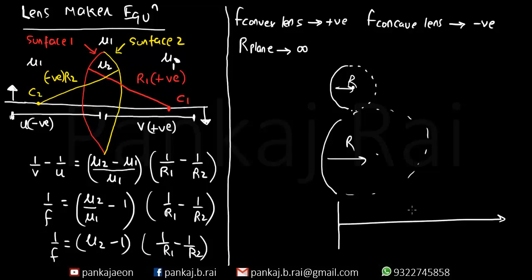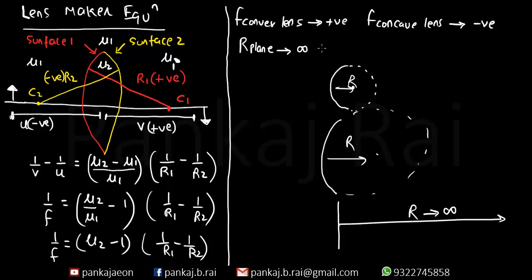So this radius is almost taken as infinity. So you have to remember these three things: focal length of a convex lens is positive, focal length of a concave lens is negative, and the radius of a plane mirror or a plane lens is taken as infinity.